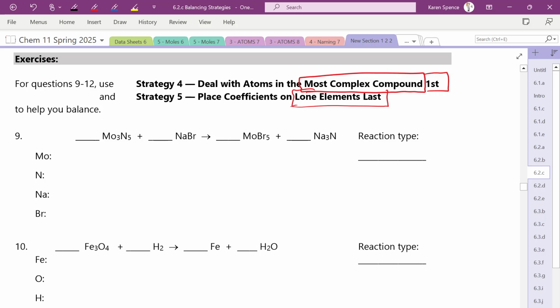Okay. So for this one, the compound. Oh, okay.